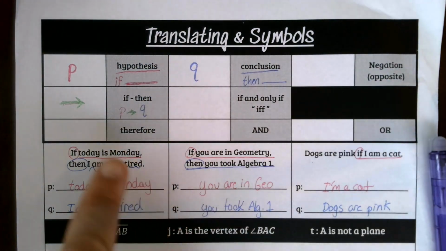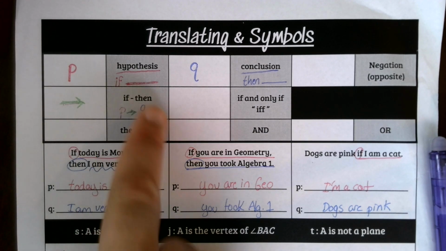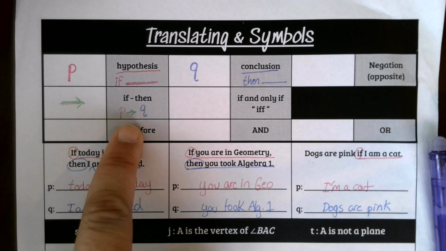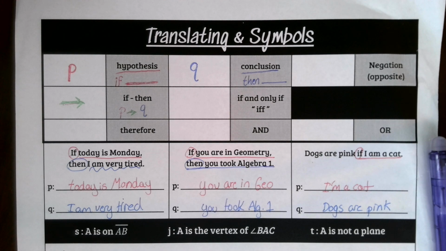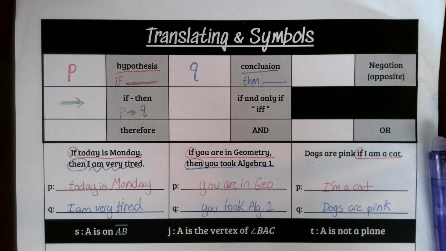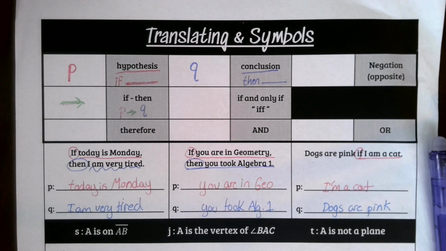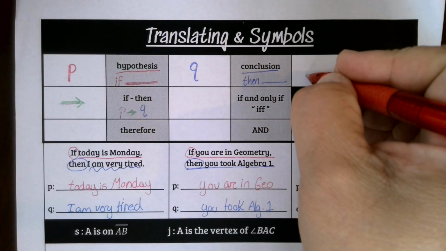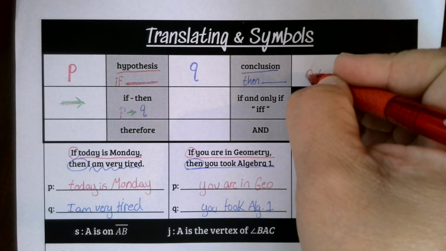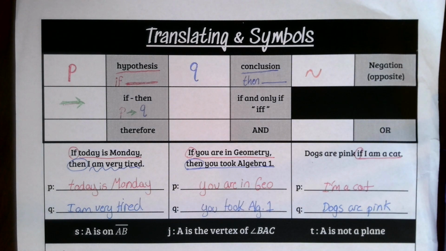If you see that, it means that you've got some hypothesis, if this, then this, right? So the arrow means if then, okay? This one up here, this negation symbol is important. It means it's the opposite. It will mean it is not, okay?